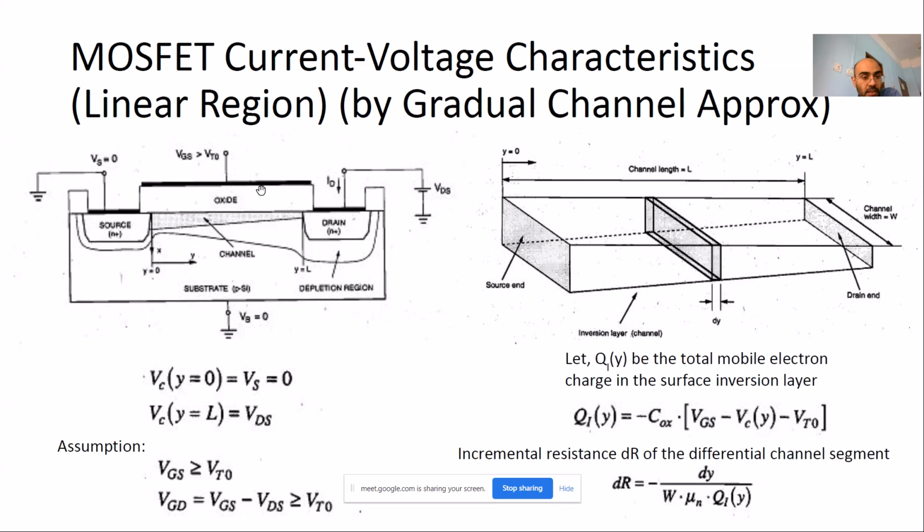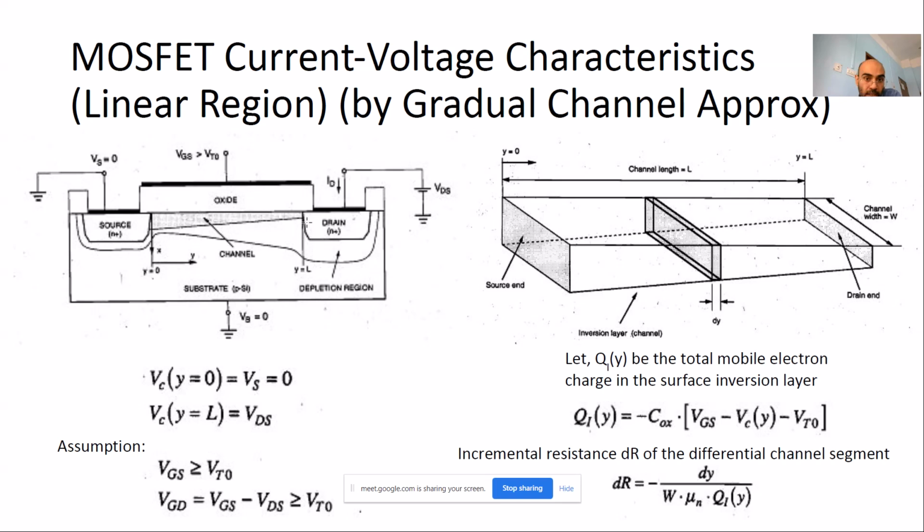Let's say the threshold voltage of the device is 0.8 volts. So this condition is okay in this case. Then only you will get a tapered channel in this region and not the pinch-off region.